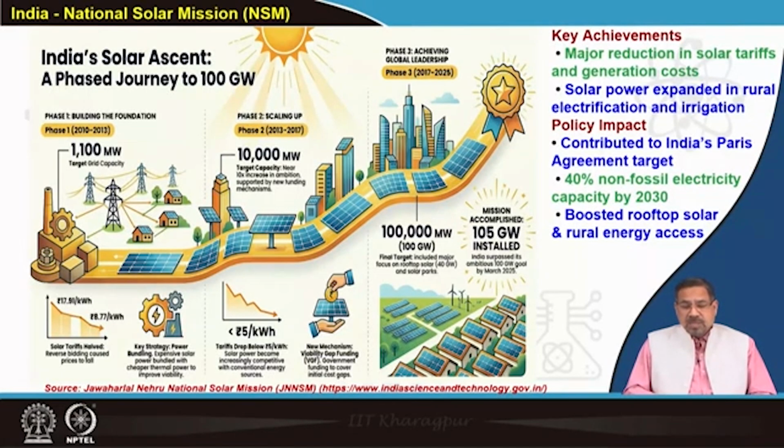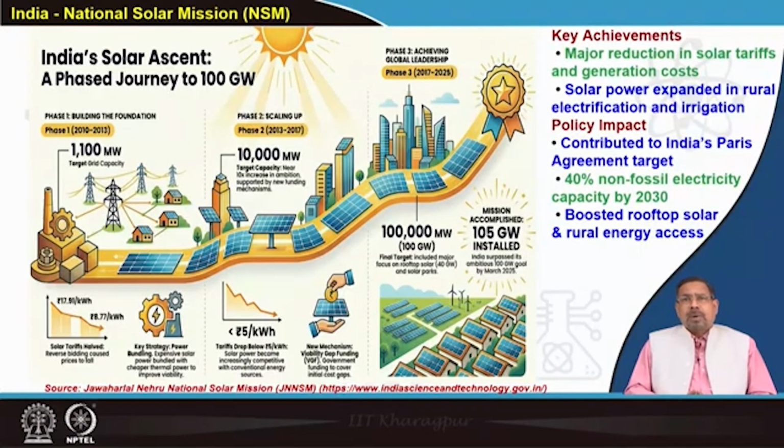So if this mission is accomplished, then 105 gigawatt installed in India surpasses its ambitions as far as the 100 gigawatt goal by March 2025. According to this NSM, India has already surpassed its target; the committed 100 gigawatts has already been crossed, with 105 accomplished by 2025.